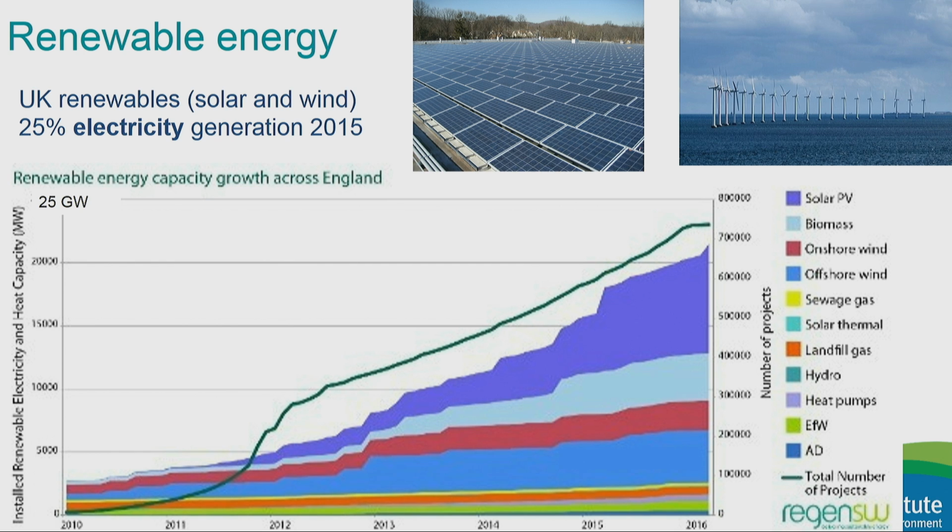The offshore wind, which this picture was quite recent, is growing apace, and it's now aiming to be 25% of the electricity by itself in 2020 for the UK. So things just grow faster and faster. It's much faster than we could have anticipated. And in the UK, it's going to be mainly offshore wind, possibly more onshore wind, and also solar, even though we're not the best place in the world for sunshine.